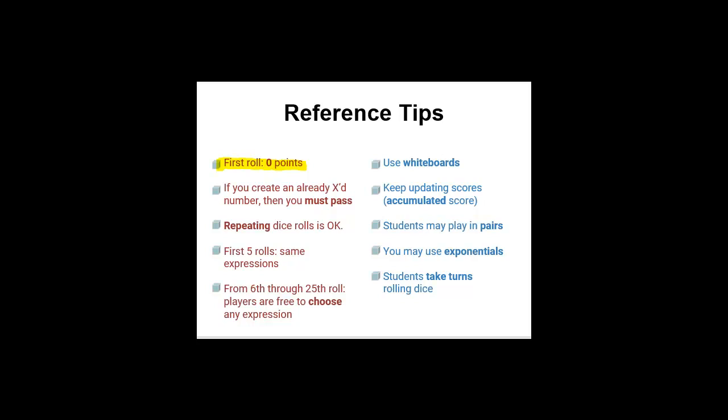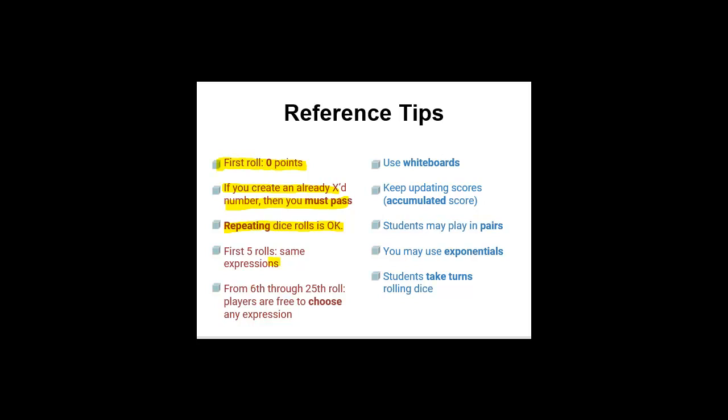So you always want to create numbers that are new. Otherwise, you just lose your turn. Repeating dice rolls is okay. So it's okay to generate the same set of numbers as before. You'll probably be able to create an expression that's new and that produces a different value than before.